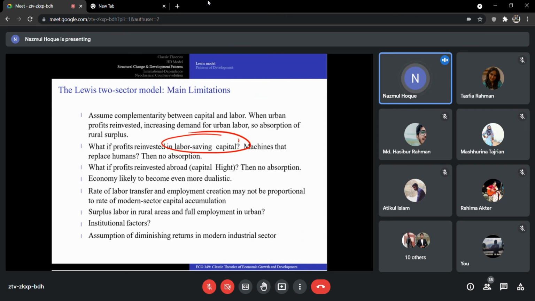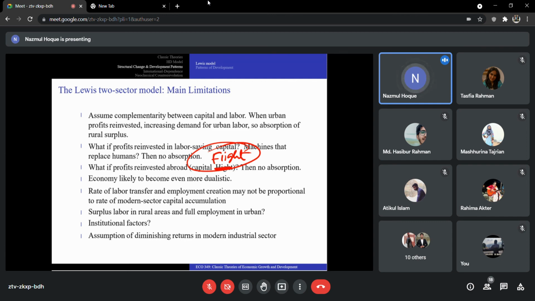There are some other criticisms as well, if you think about it. Capitalists might not really reinvest profit. Capitalists might actually send their money to foreign countries. This is called capital flight. People from Bangladesh, sometimes you will see news in the newspaper that people send their money to foreign countries.